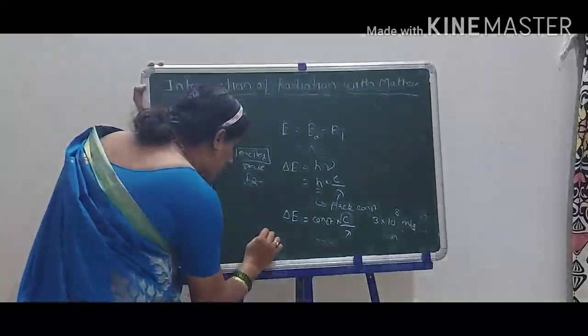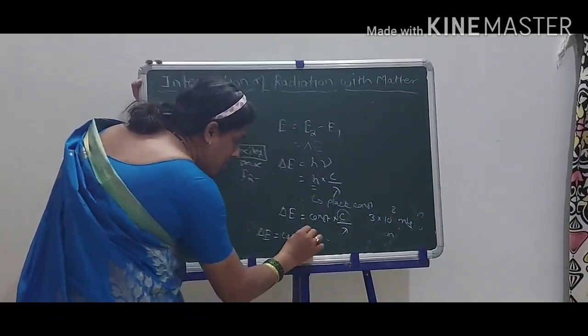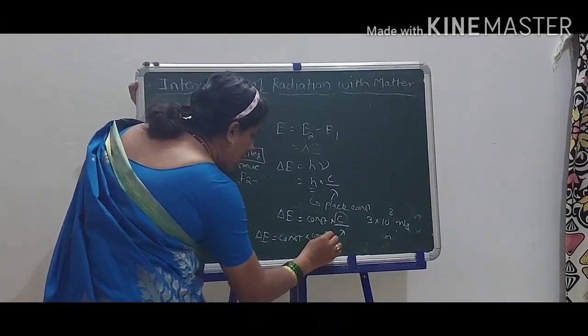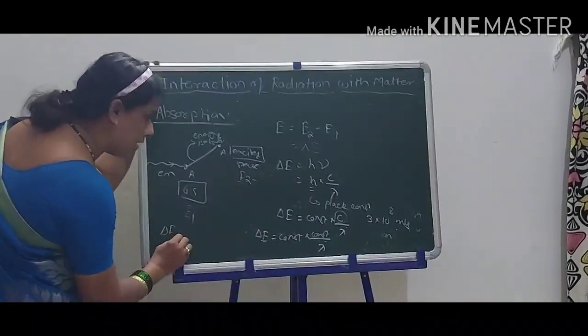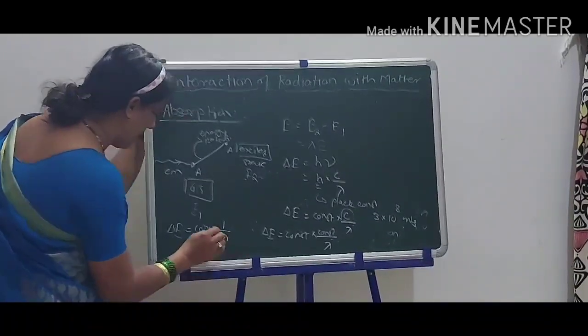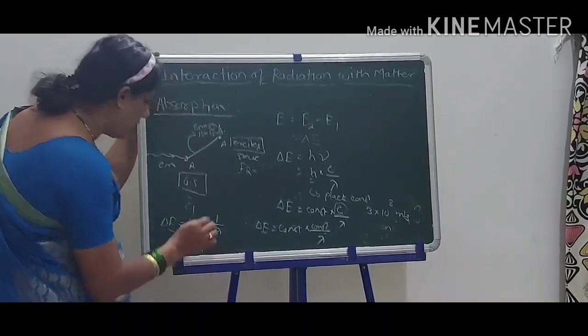Therefore, we have the relation delta E is equal to constant into constant divided by lambda. In other words, delta E is equal to constant into 1 upon lambda. That is, delta E is proportional to 1 upon lambda.